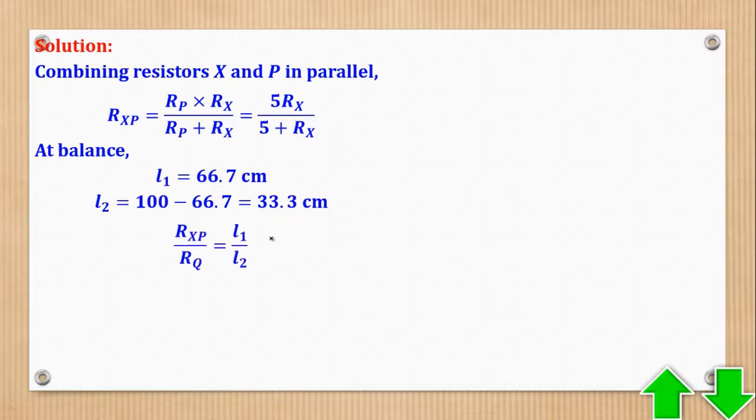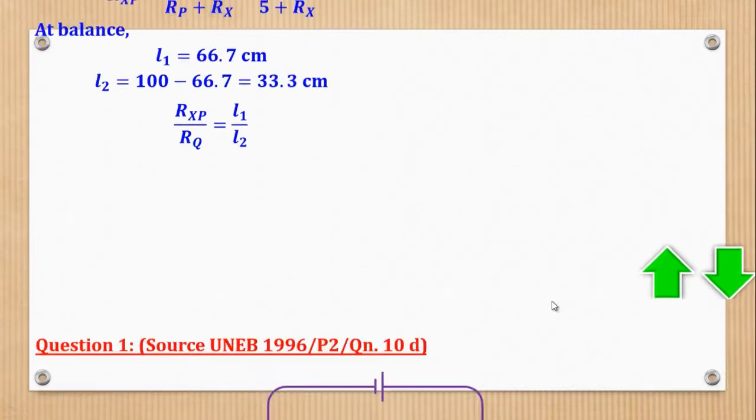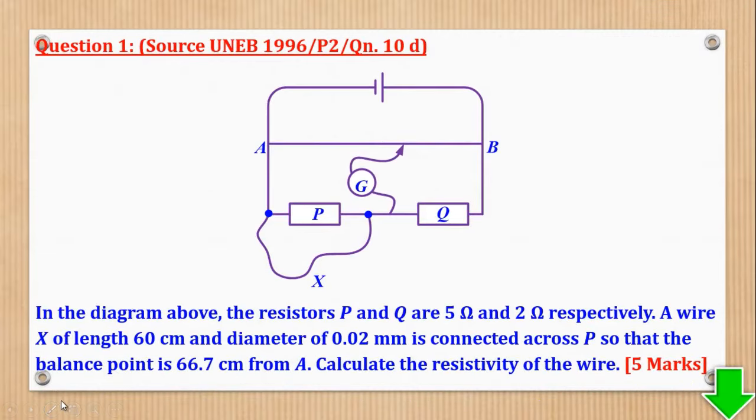Therefore, we shall get the ratio of the resistances over the ratio of the lengths. Let's see how it comes about. So we get this one divided by this equal to this length divided by this length.